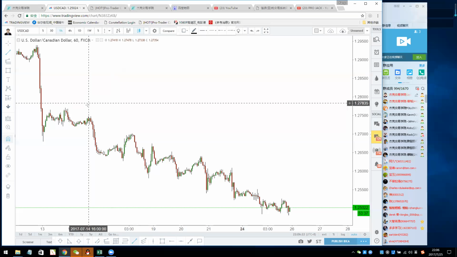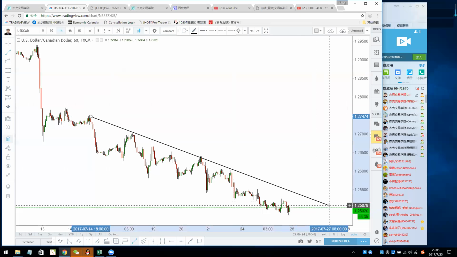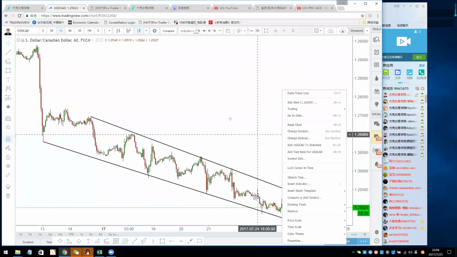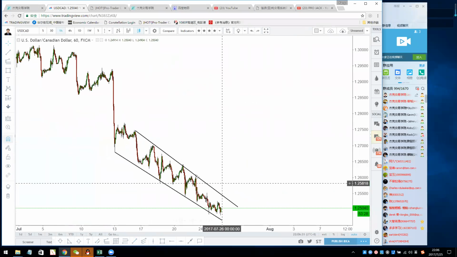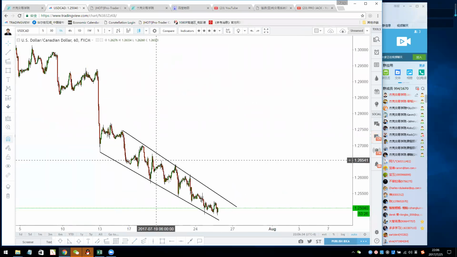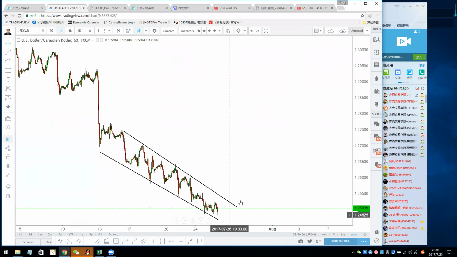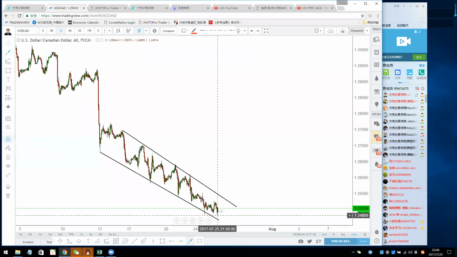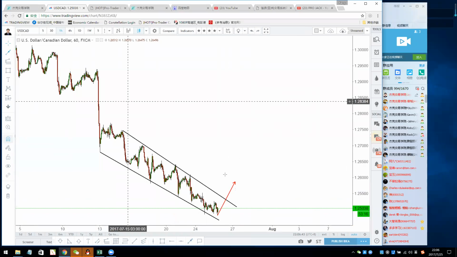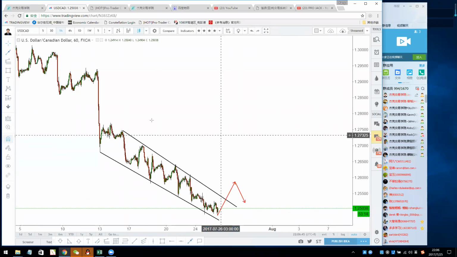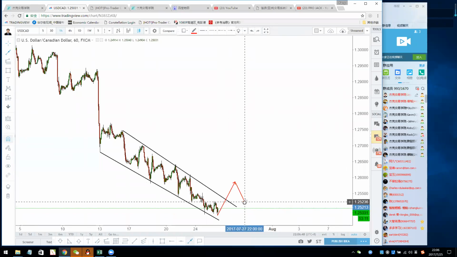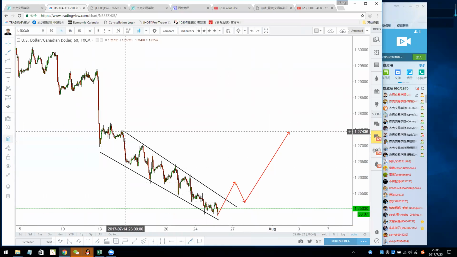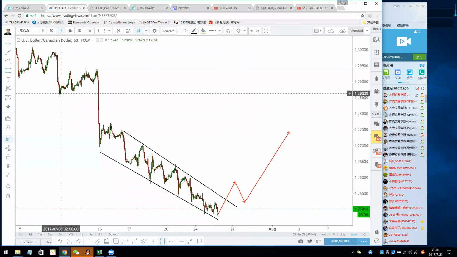A buying opportunity in a lower time frame is when the price breaks up the trend line. If you really want to buy the dollar CAD, you must wait for the price to break out of this falling channel. You have to wait for the breakout, then trade the pullback and wait for a rally, all the way to here, to this place 1.27, or even here.